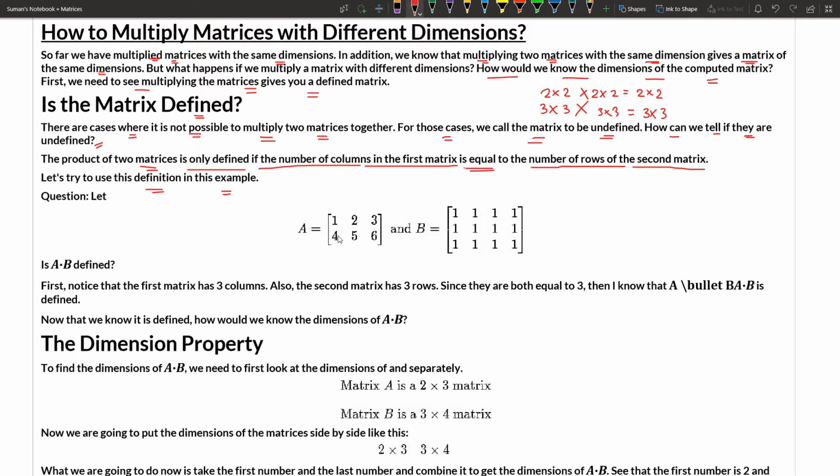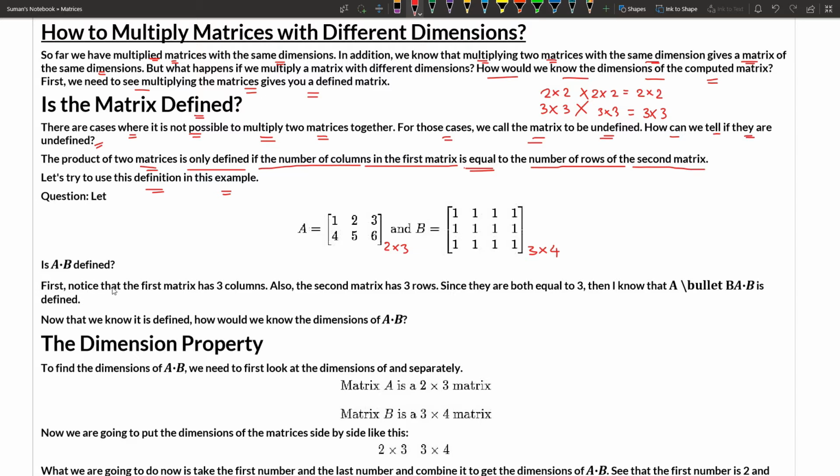Let A be 1, 2, 3, 4, 5, 6 according to the row. So that is 2 cross 3. And B is 1, 1, 1, 1, 1, 1, 1, 1, 1, 1, 1, 1. That means 3 cross 4. Is A dot B defined?